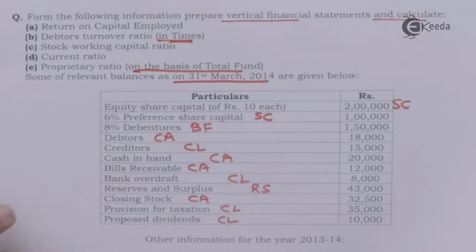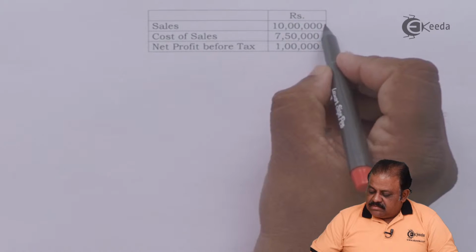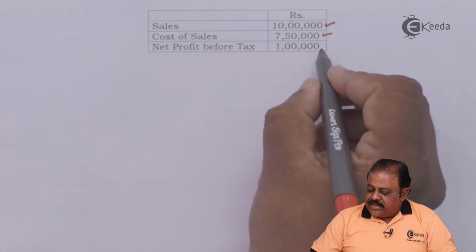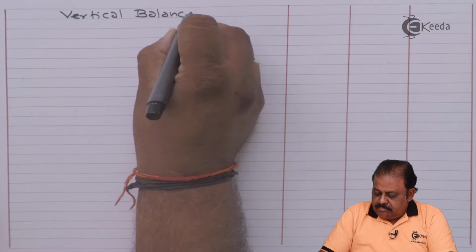Other information: sales 10 lakhs, cost of sales 7 lakh 50,000, net profit before tax 1 lakh.